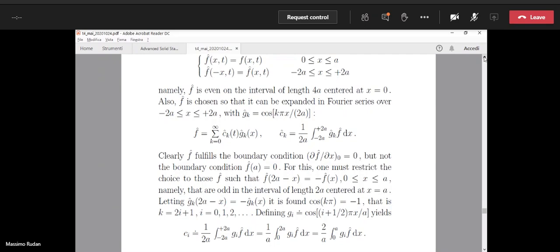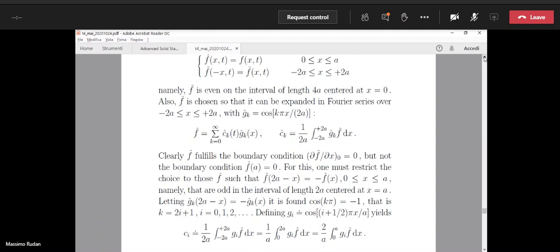So we can impose another restriction. We can restrict the choice of f hat to a subclass of functions that are odd in the interval of length 2a that is centered at x equal to a, okay?